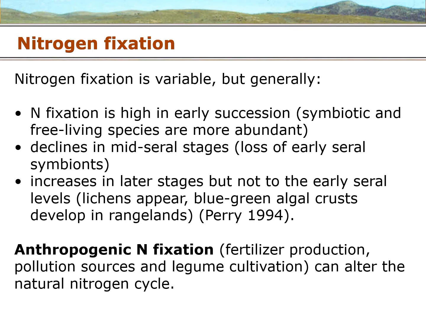And this increase is caused because lichen appears. We might have blue-green algal crusts that develop in the rangelands that you heard about in previous lessons. The high input of anthropogenic nitrogen has in some areas altered the nitrogen cycles. Increased abundance of nitrogen can potentially alter the competitive relationship of native species.